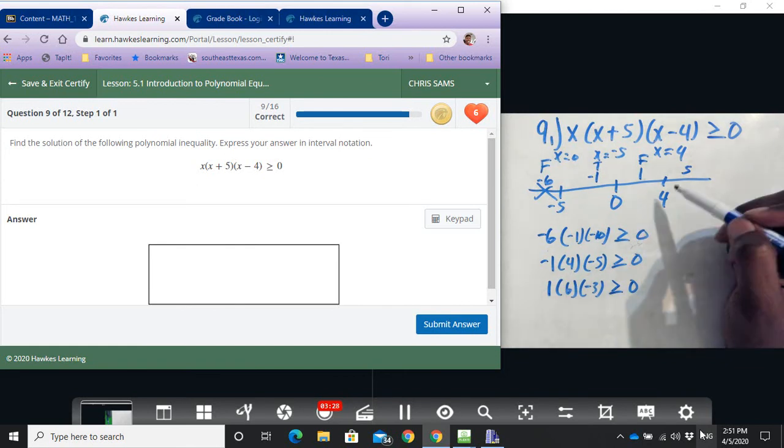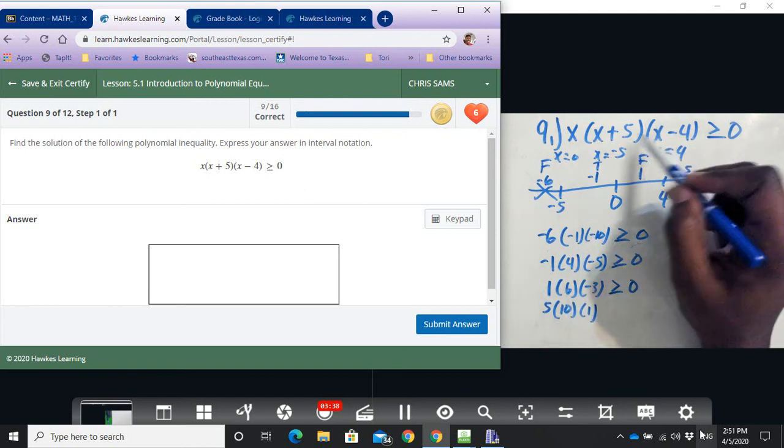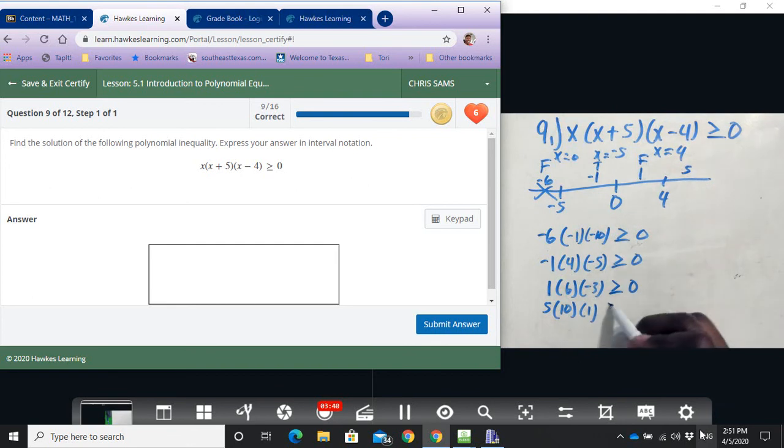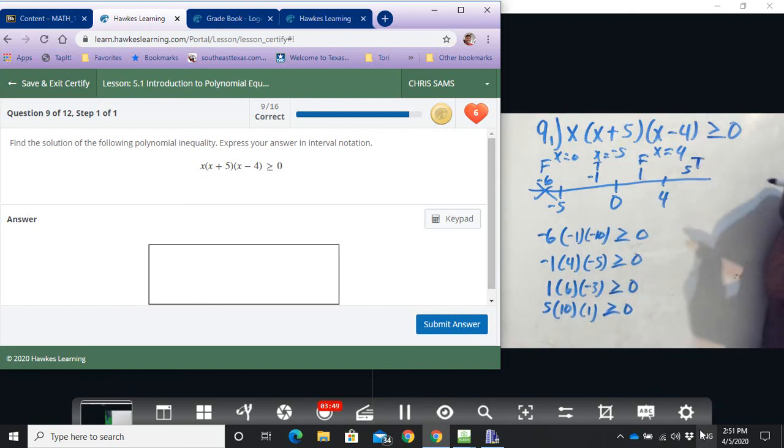And now we're going to try 5. So we got 5, we got 10, and then we'll get a 1 on the last term, plugging in 5 in each one of these spots. So all of these are positive. When you multiply them, they will still be positive. So this part will be true.